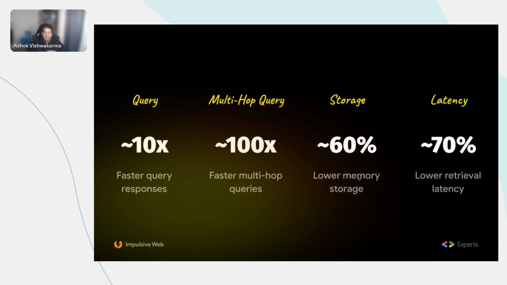We also reduced a lot of latency in retrieval and traversal. So this was the end result of that particular case study, and this made us think about moving from MongoDB specifically to Neo4j.